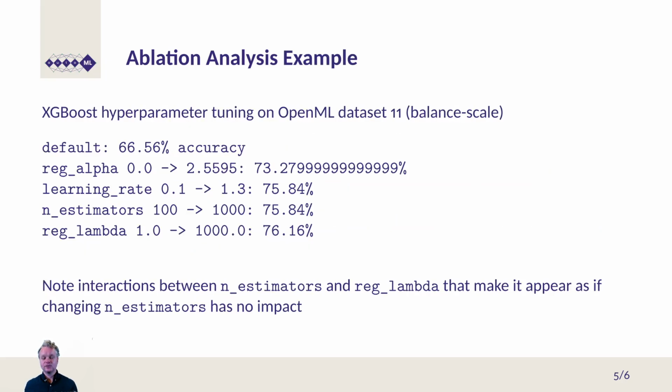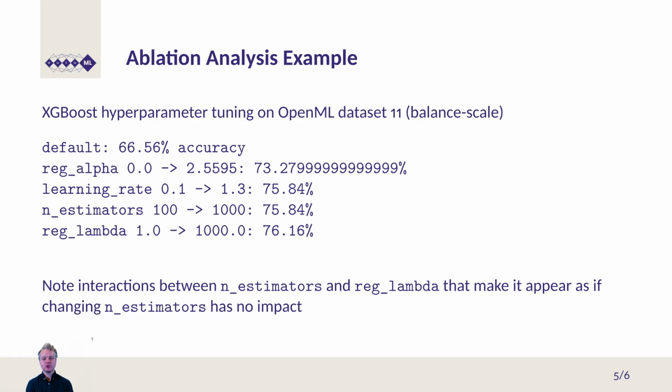I have taken the XGBoost learner again on OpenML dataset 11, balance scale, which has a default hyperparameter accuracy of about 67%, and I have improved this with an optimized hyperparameter configuration to about 76%. So now we're changing one hyperparameter at a time.